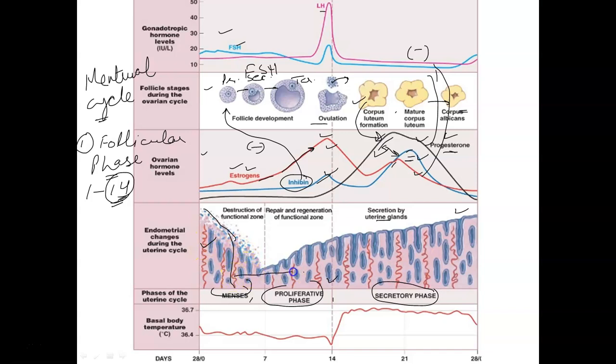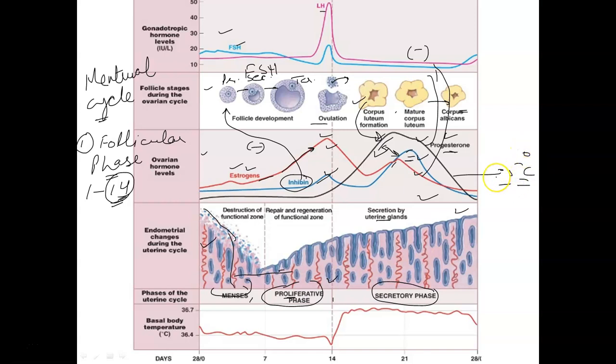After that, again the proliferative phase. Why proliferative? Because follicle cells are developing, and the uterine wall is also developing. Now at this time, in the 15 to 28 days, when the progesterone level is very high, the body temperature is also increased by 0.5 degree centigrade.